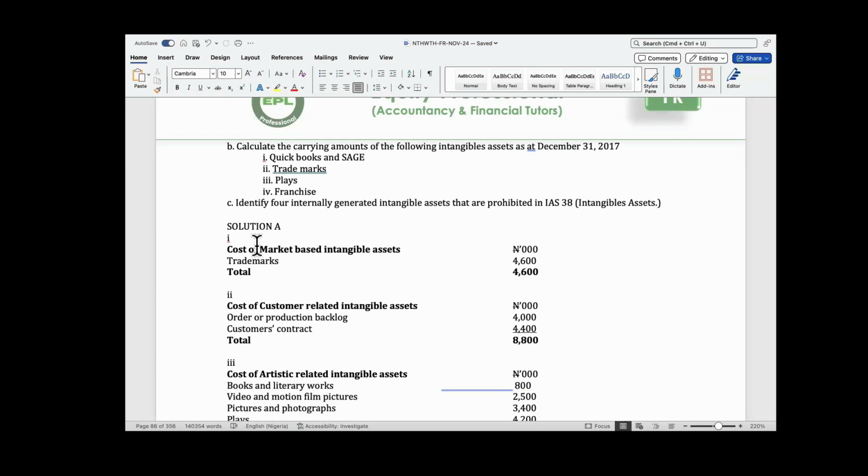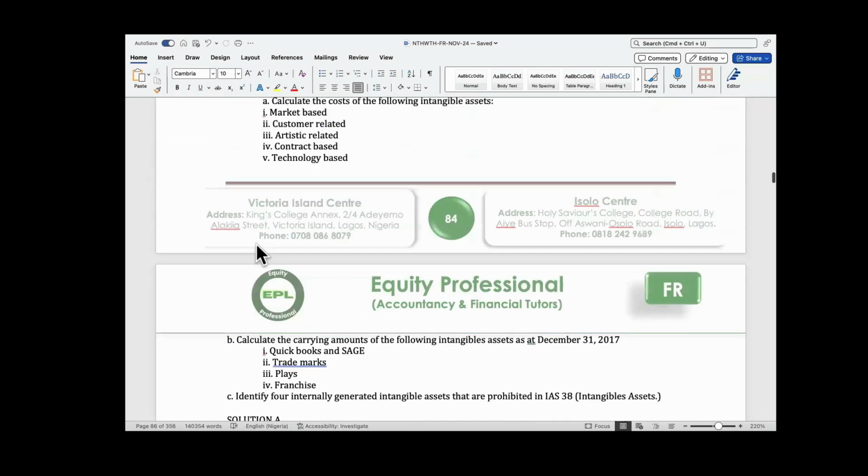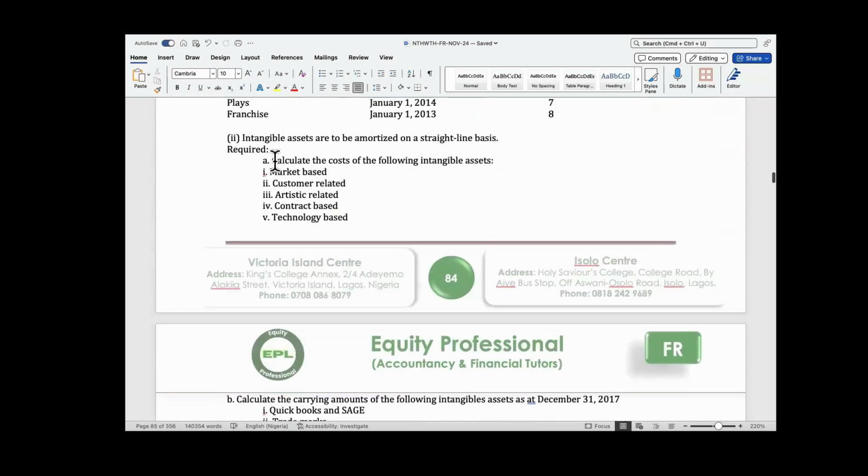The first requirement of this question required us to calculate the cost of the following intangible assets: market-based, customer-related, artistic-related, contract-based, technological-based. Okay, so this question requires that you categorize the intangible asset into these categories.